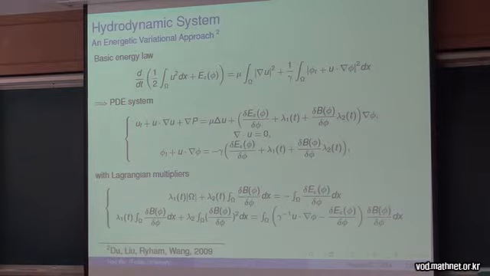So using an energetic variation approach, you can derive the following PDE system for the model. The first one is the Navier-Stokes equation, but with induced elastic force, which can be obtained by the least action principle. So it looks quite complicated. And the third equation is just the gradient flow, L2 gradient flow, but under convection.